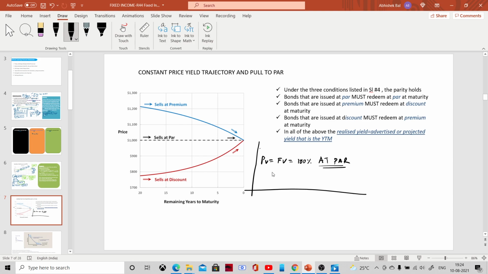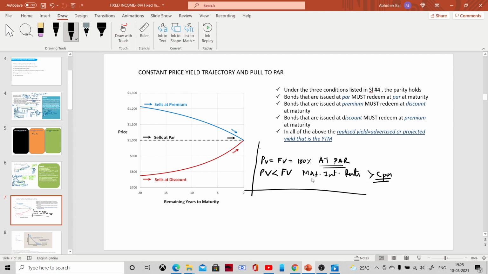We also understood that in case the present value of the issue is less than the face value of an issue, as we have seen earlier, it happens when the market interest rate is more than the coupon. We have seen this in our first example itself.